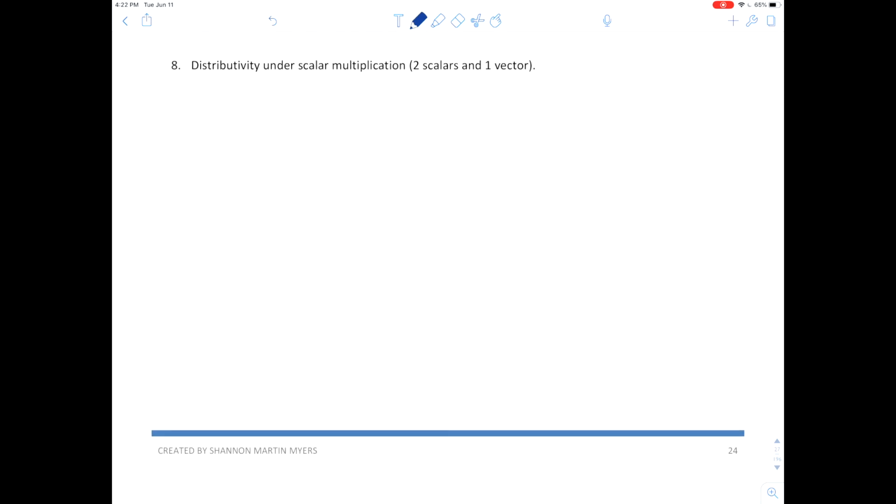All right, distributivity under scalar multiplication. So that's when you have C plus D, the scalars, added first, times some vector. We'll call it vector U. So this will equal the quantity C plus D times the vector in component form, U, comma, 1/2 U. Good so far? Now, this is a little tricky. You need to keep the C plus D grouped. You can treat it like it's one constant because we are still in Vectorville.